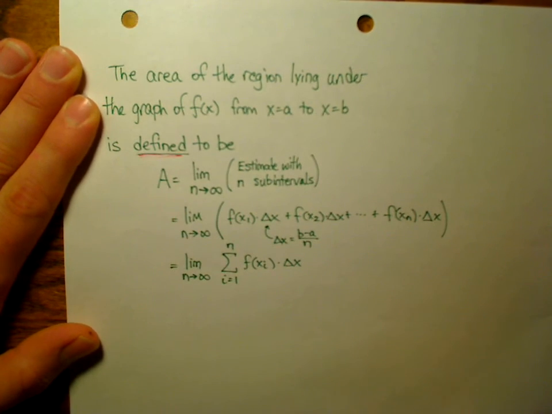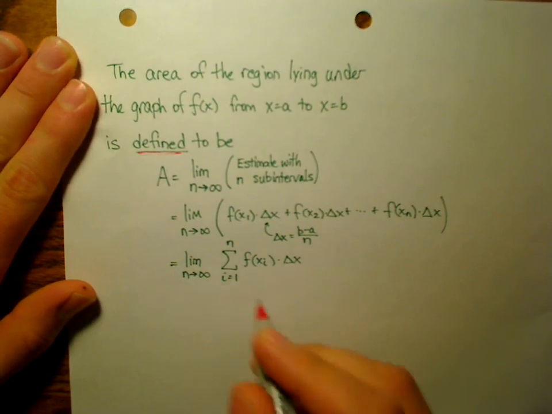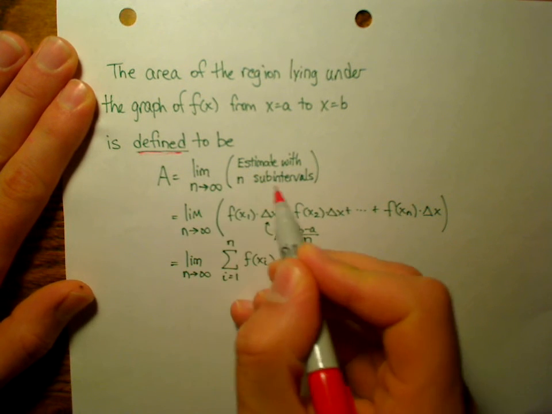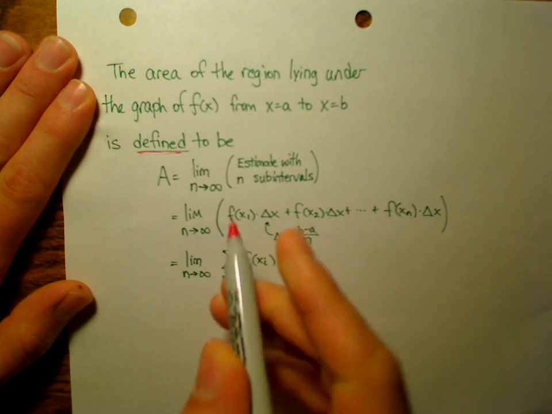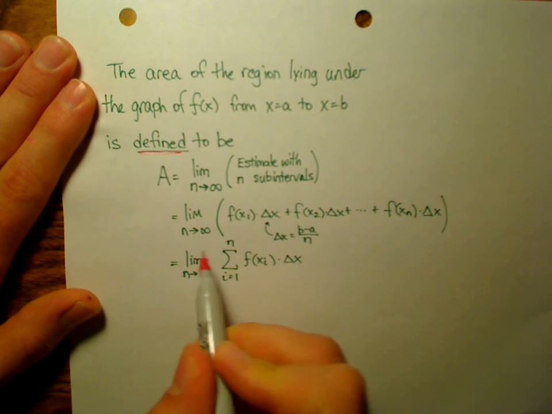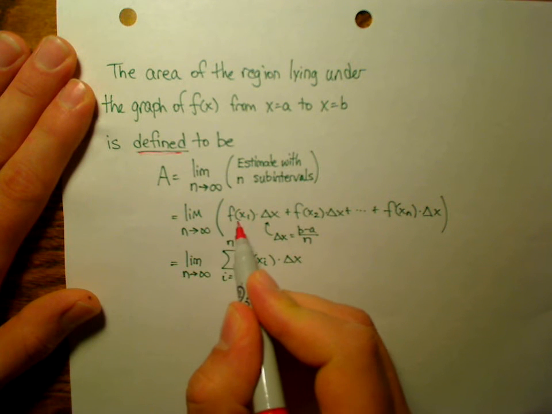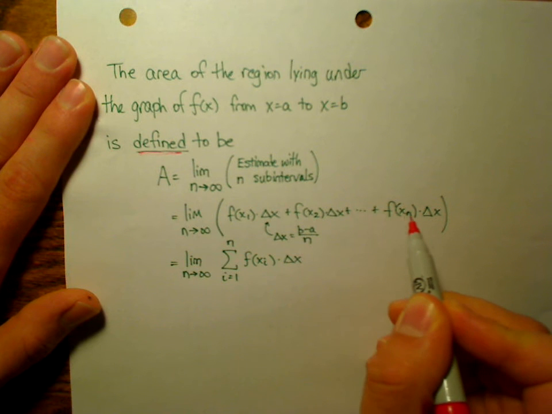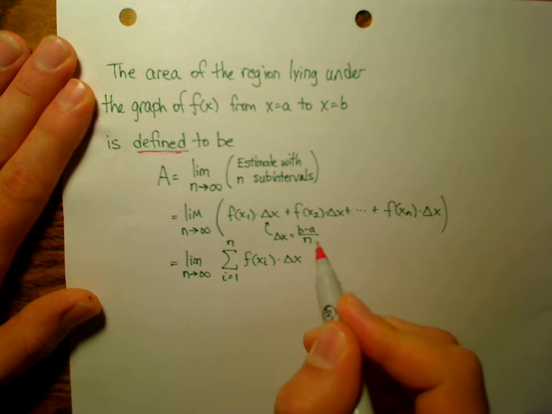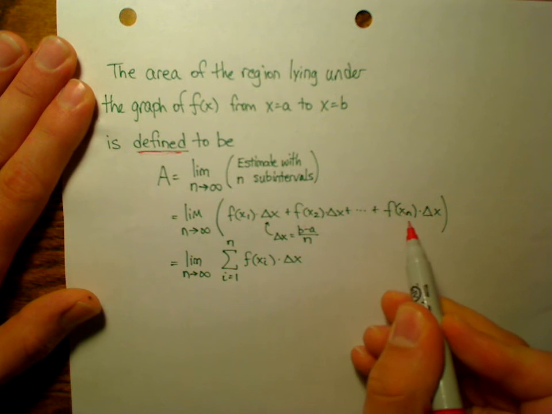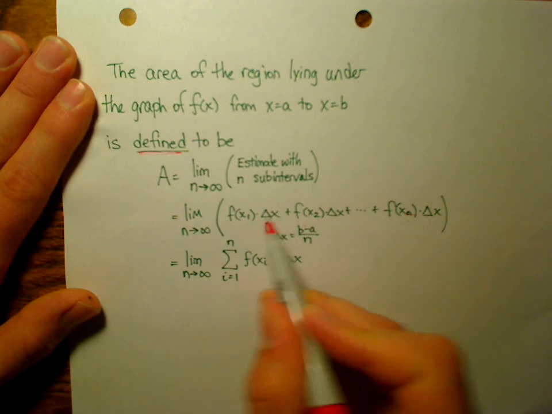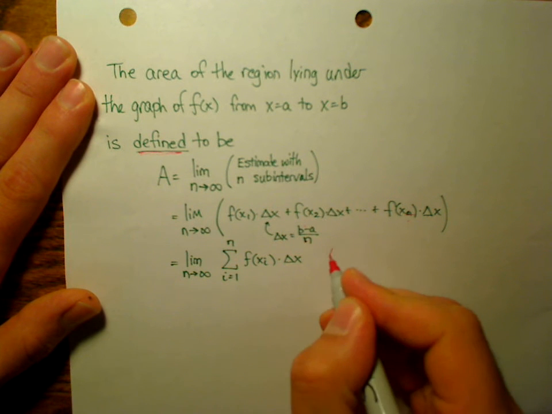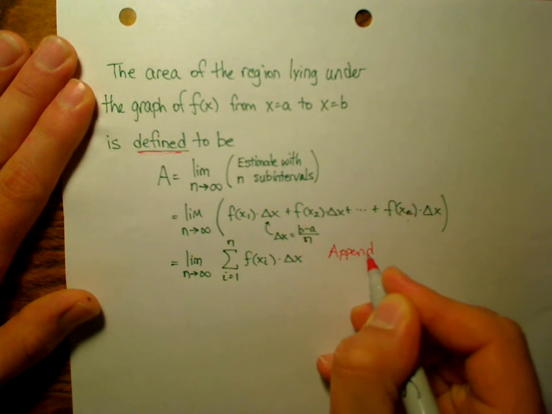We have this notion of area coming into this, but they actually define area to be whatever happens when you take the limit as n goes to infinity with n subintervals, with n pieces, which will work out to be all these different heights at reference points, height times width, height times width, height times width, the width being b minus a over n, because this doesn't have any n's in it except there. And so that tells us that there's going to be infinitely many, but that width goes to 0. This is something that's discussed in Appendix E of our book.